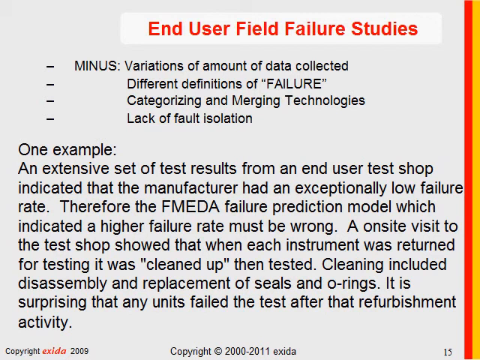The failure rate was much lower than the FMEA model predicted. So I visited the test site, the test laboratory, and watched a technician performing the proof test. And what I saw was quite surprising.